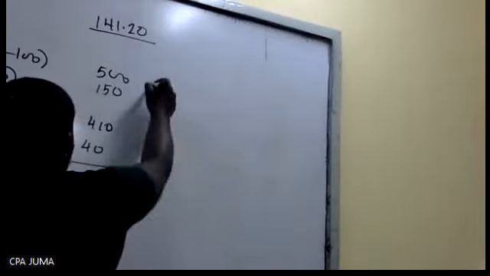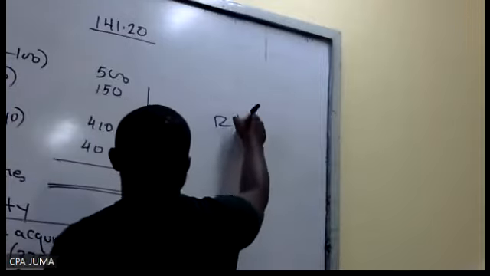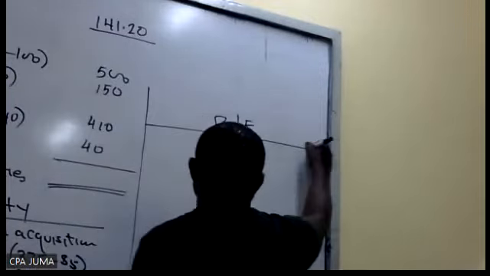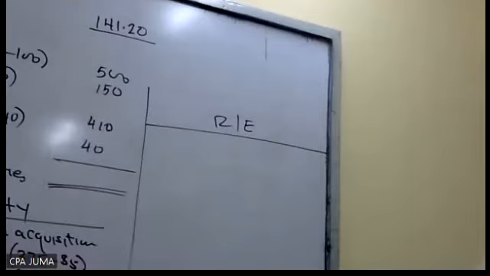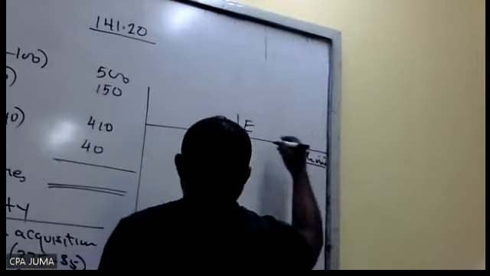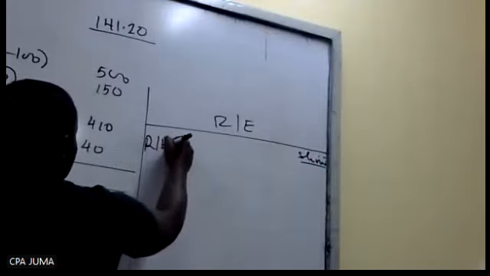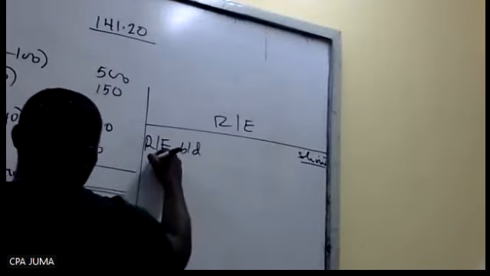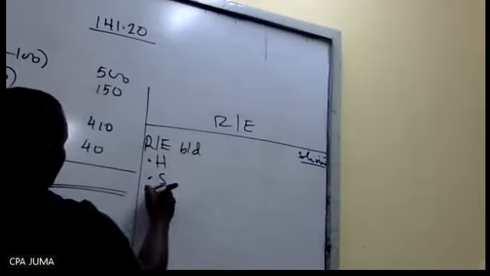So for retained earnings, you can use whichever form. I can use it in the statement of changes in equity form. Yes, that will work. So you can do it this way. You start with retained earnings brought down for H, S, all of them.